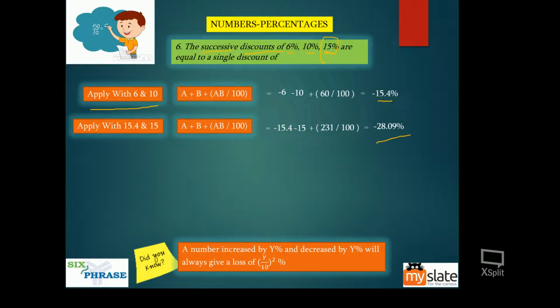The reason is the same reason that I gave you for 18 and 9. Increasing it by 18 percent and 9 percent, or decreasing it by 18 percent and 9 percent, is totally different from decreasing it by 27 percent, the sum of 18 and 9. So here it is 28.09 percent.